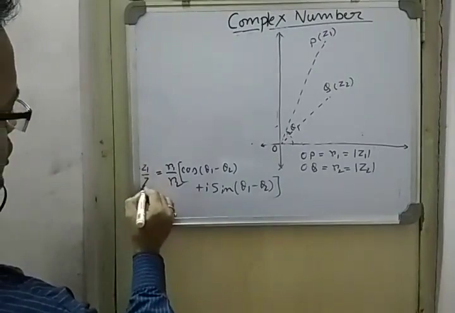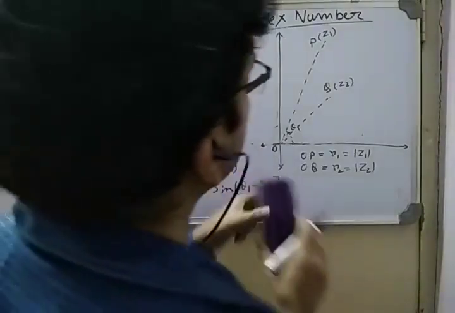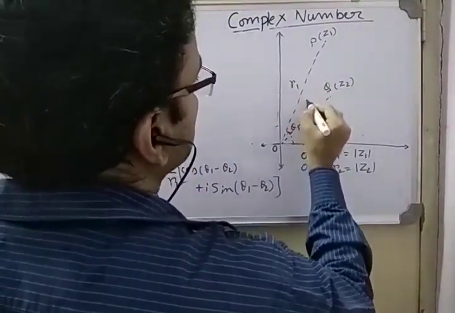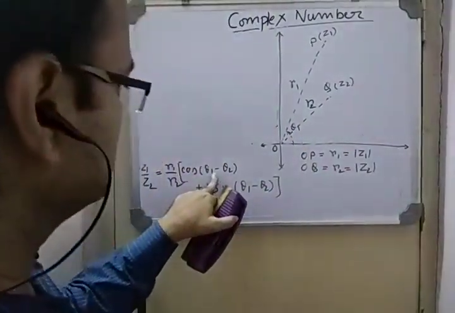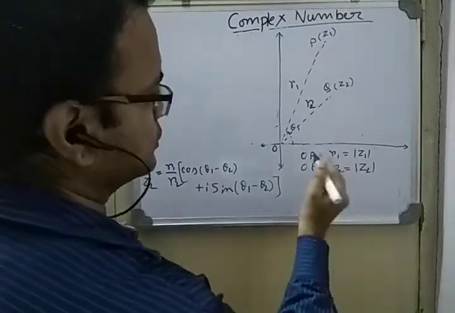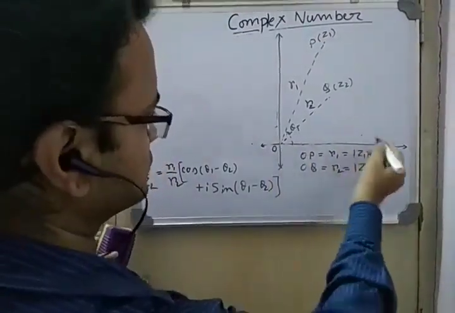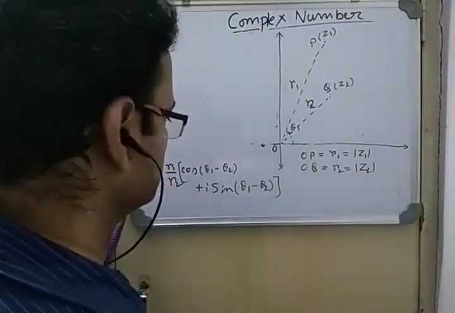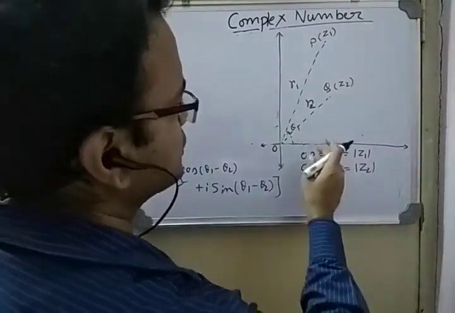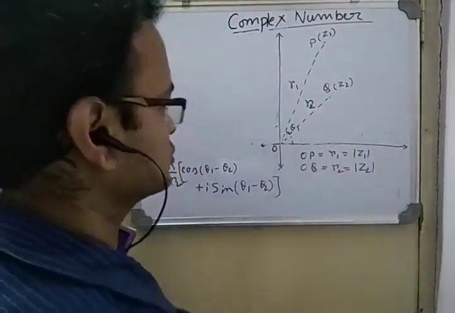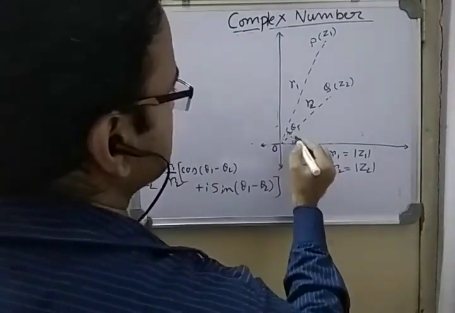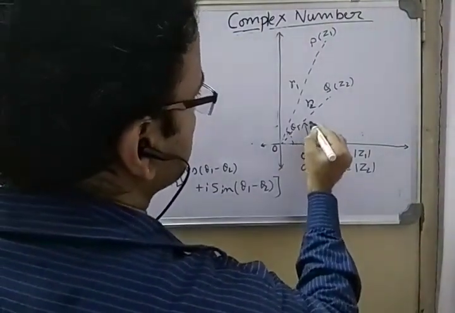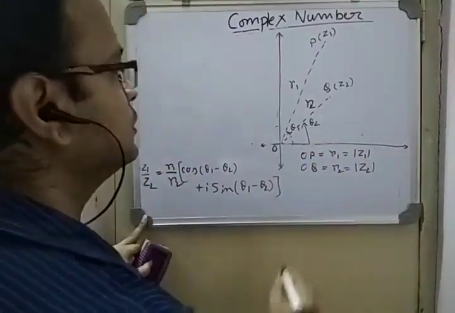The first thing is that its value is R1 by R2, and the argument, the angle with the positive real axis, in this case we are taking everything in the anti-clockwise direction with the positive real axis, will be theta 1 minus theta 2. This is theta 1, and for Z2 it is theta 2.